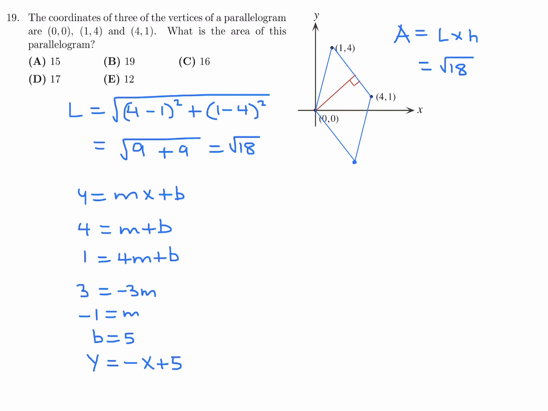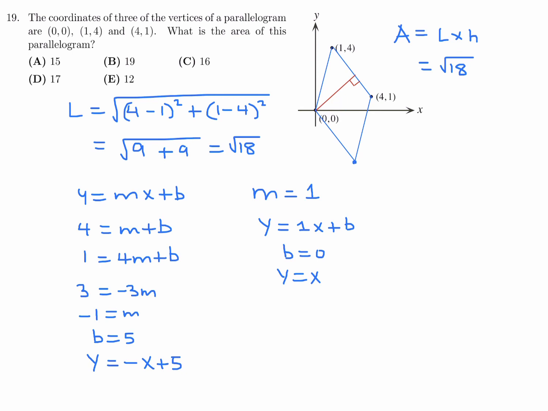Okay, now the good news is this line is perpendicular, so its slope is a negative reciprocal. That is negative 1. Negative reciprocal of negative 1 is just 1. So this line right here, immediately I know, has the form y is equal to 1x plus b. But it passes through the origin, so I can substitute 0, 0, and when I do, I get b is equal to 0. So that line is y is equal to x, this one right here.